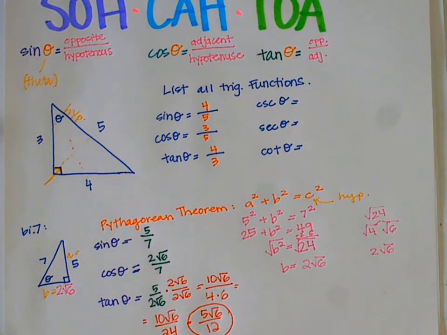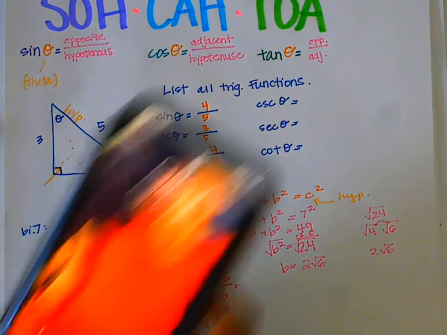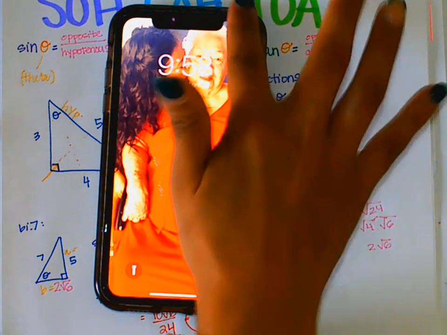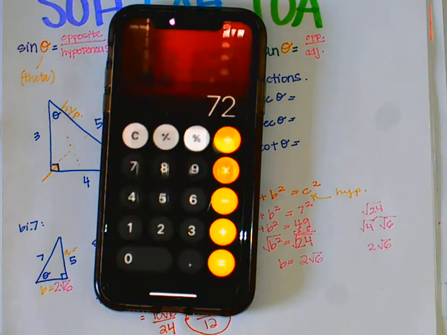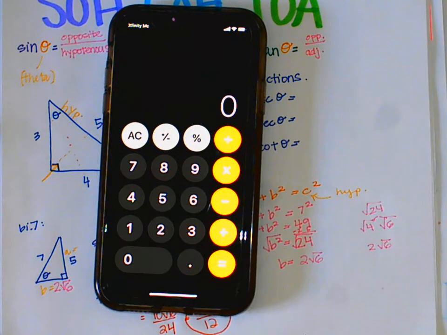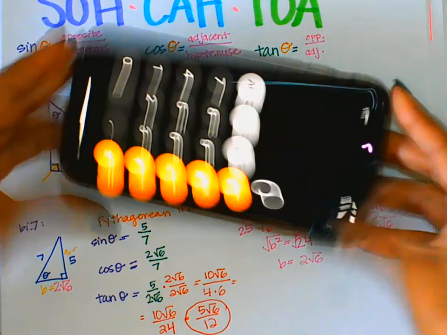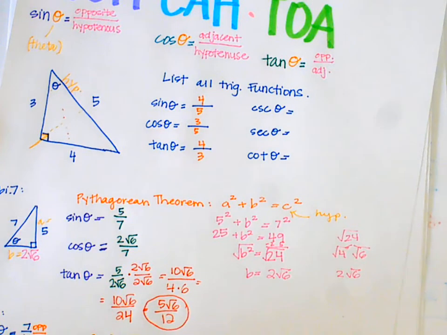But before I forget, I want to show you on your calculator where you could find this. So most of you have iPhones. I have an iPhone, so that's kind of going to be what we're going to use. There's my calculator. If you have an Android, maybe you can YouTube something. I don't know. But if we had to use measurements, you're going to take your calculator and flip it sideways.